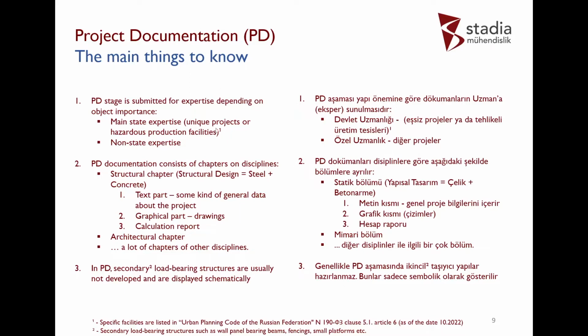And the biggest difference between these expertises is that government expertise is more accurate and strict, and it's harder to pass. And this expertise must be done for all unique projects, for all hazardous project facilities, for all dangerous projects, and projects which are paid by government money.